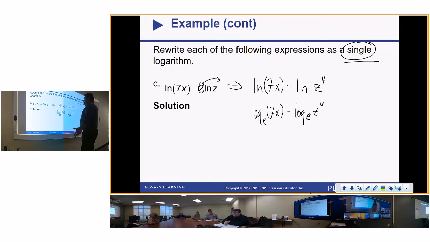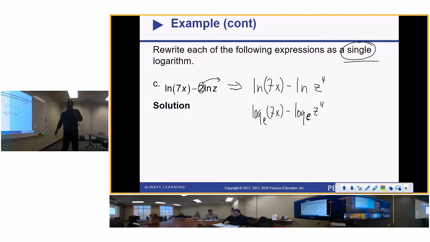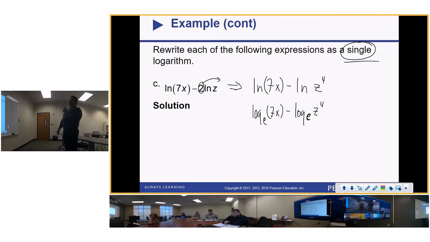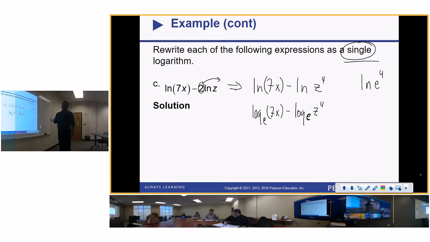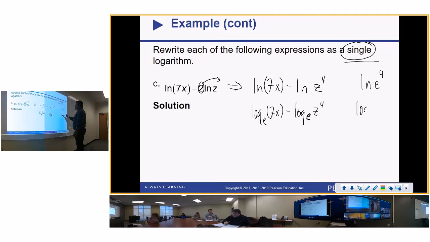Now, a lot of you say, well, why would you do that? There's going to be instances where if you turn things into log base e, especially if I give you natural log of e to the fourth power, you may say, I have no idea how to do that, but it's real easy. The answer is 4. How do you know that, Hubert? Because what is the natural log? Log base e of e to the fourth.